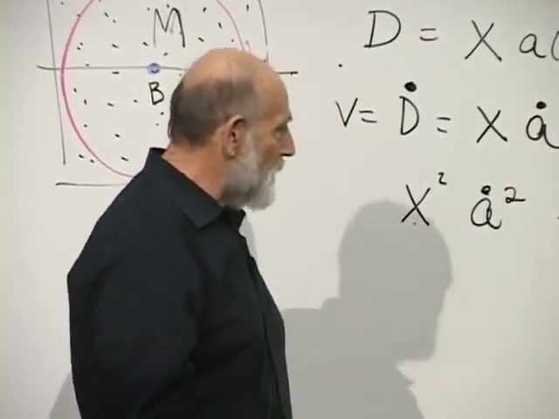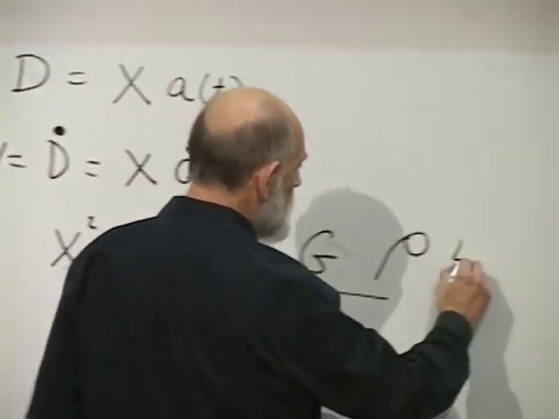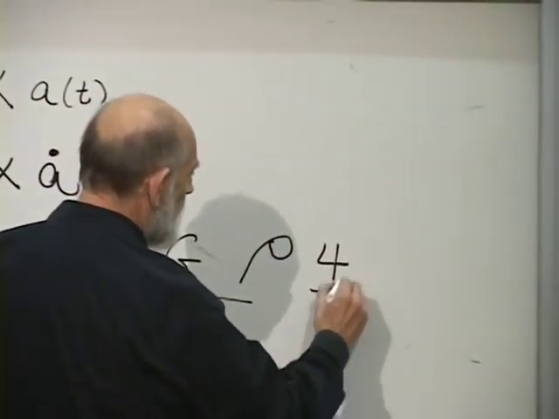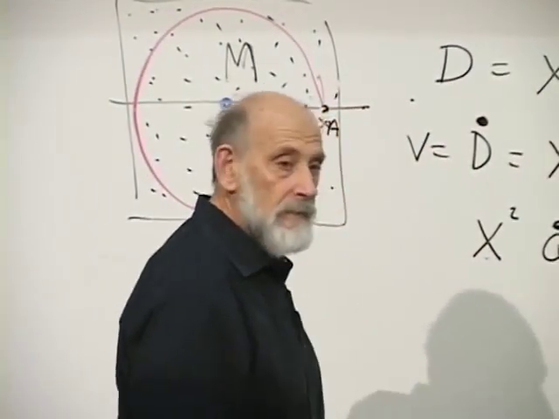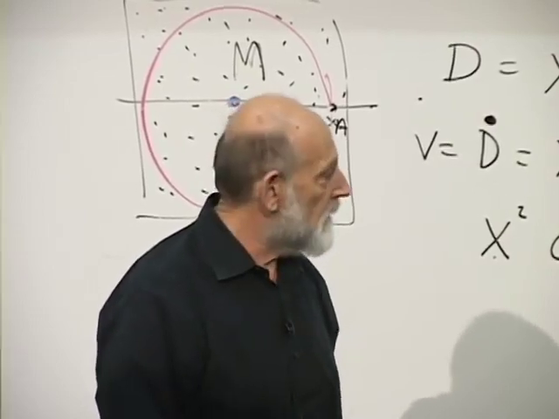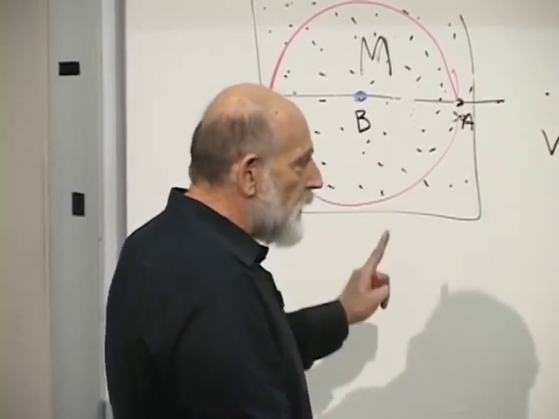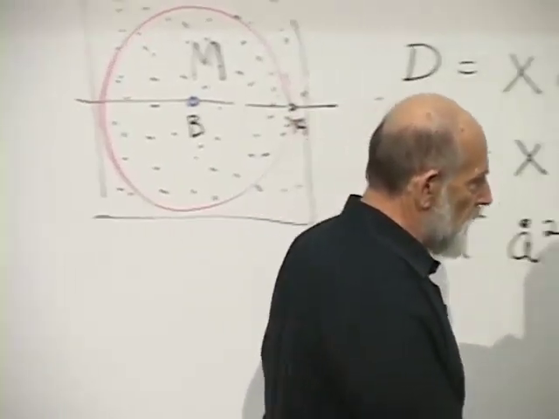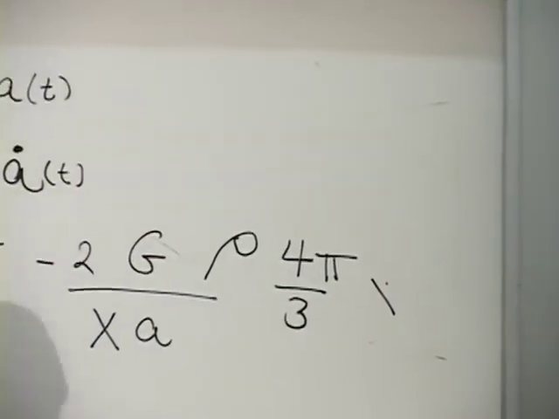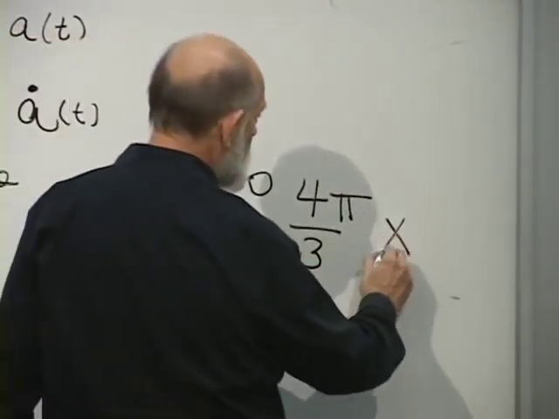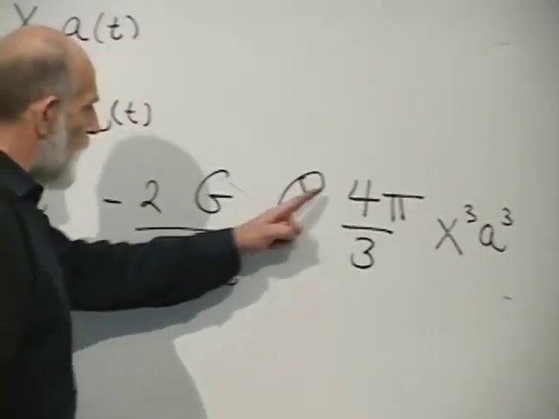The volume of the sphere is 4/3 pi x cubed, a cubed. D cubed, if you like, which is x cubed, a cubed. All right, so 4/3.